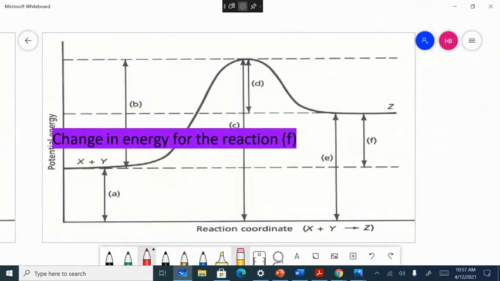Now, the change in energy for the entire reaction is the difference between the potential energy of the reactants before the reaction starts and the potential energy of the products. So F here is the difference between the start and the finish, and that's called the change in energy for the reaction, or delta E.